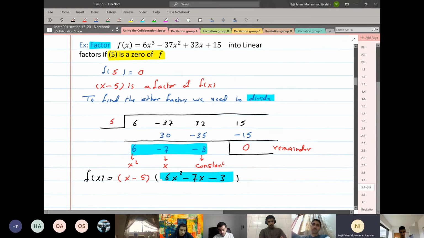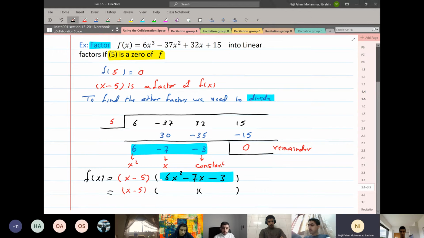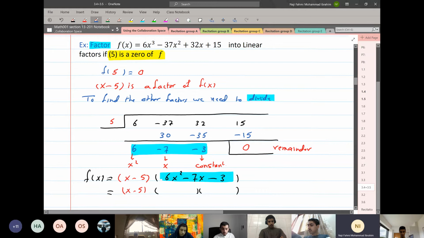This blue part now, can we factor it more? Yes. We took this in chapter P, how to factor more. 6x squared, I can write it as 2x and 3x, and -3, it will be like this. Do you remember how to check the answers, Shabab?